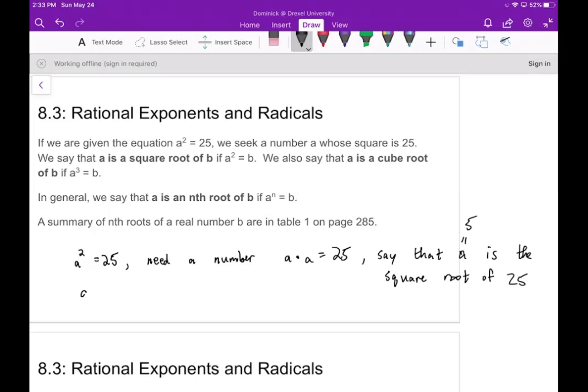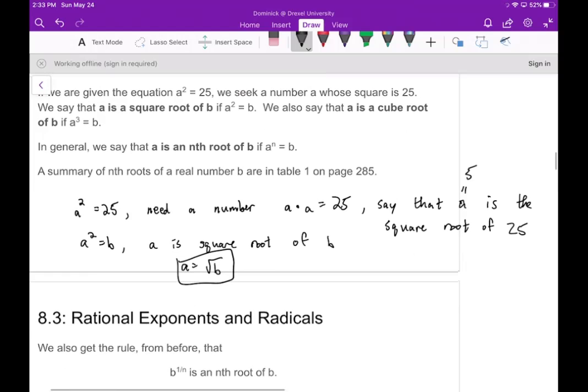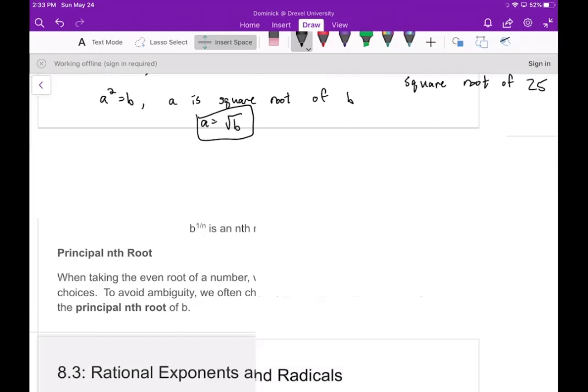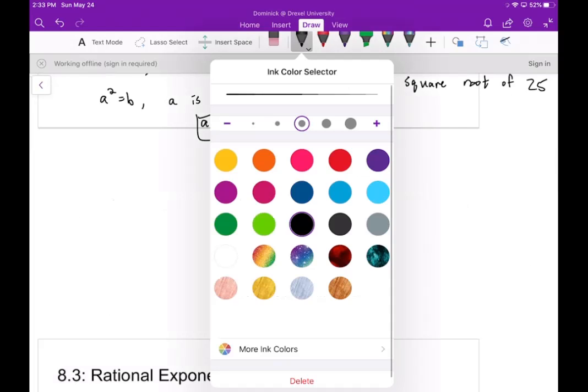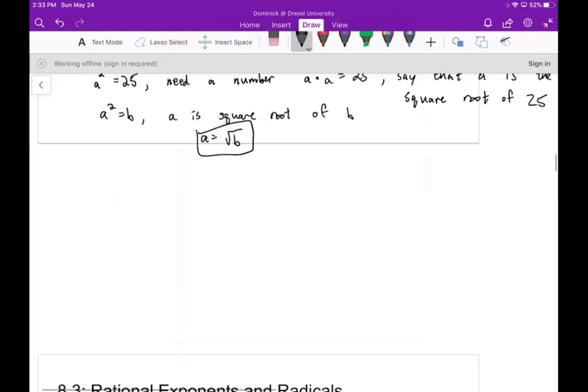But in general, if you're looking for a number a such that a squared is equal to b, we say that a is the square root of b, and we would indicate it as a equals the square root of b. We could just as easily say the same thing for a cube.